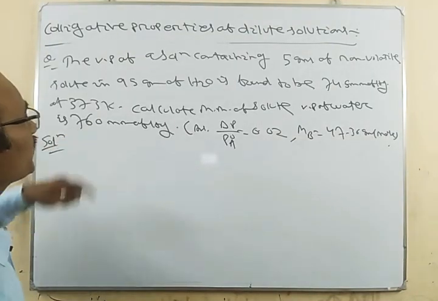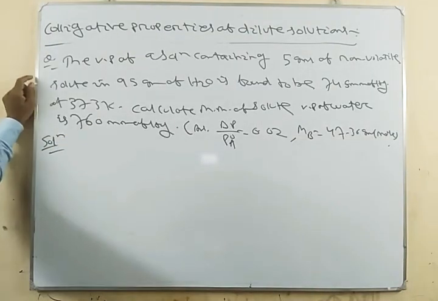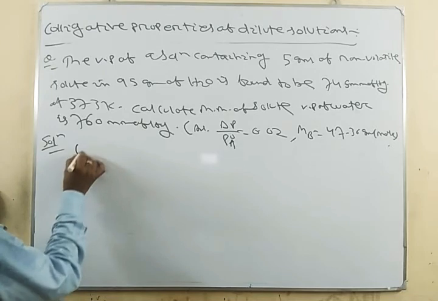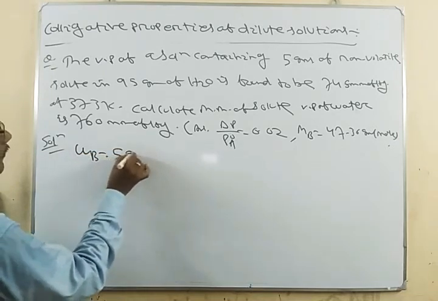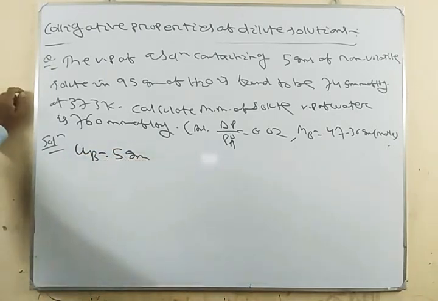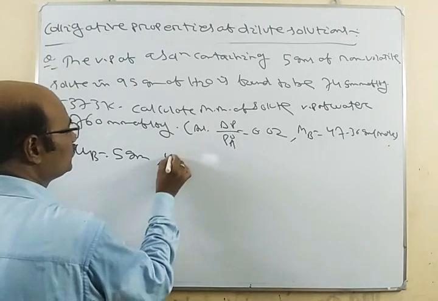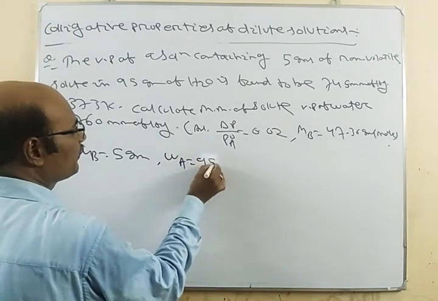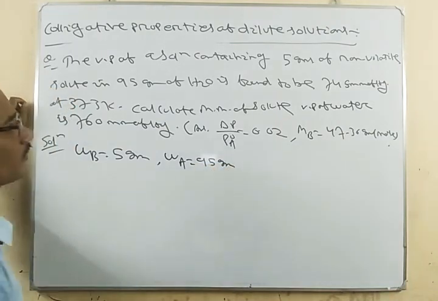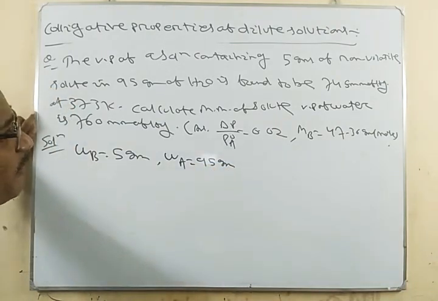Now see, this is the numerical based on the relative lowering of vapor pressure. The vapor pressure of a solution containing 5 gram of non-volatile solute, that is WB equal to 5 gram, in 95 gram of water, that means WA is 95 gram, is found to be 745 mm of mercury.